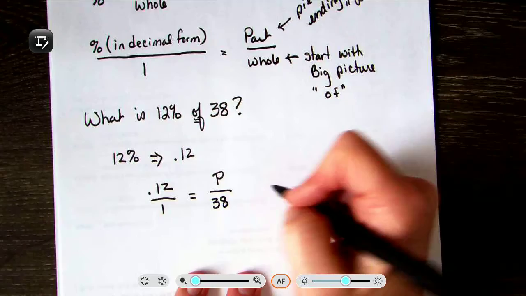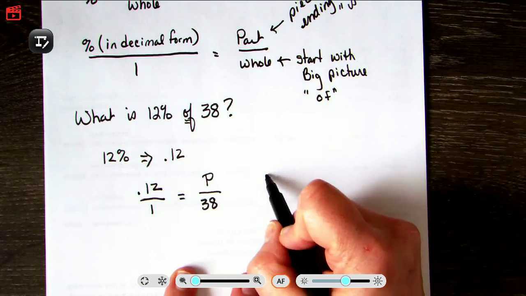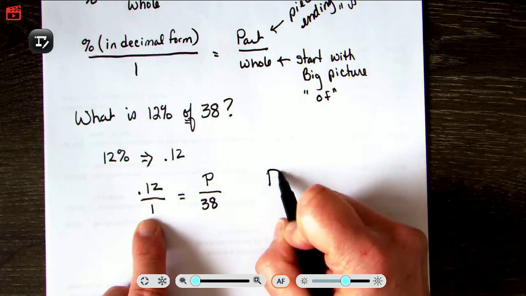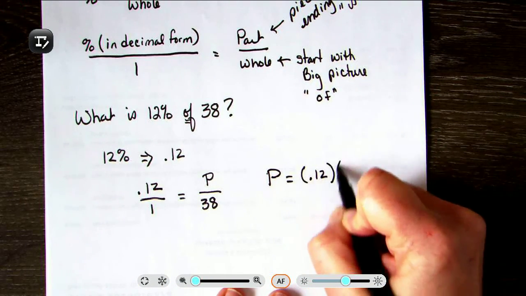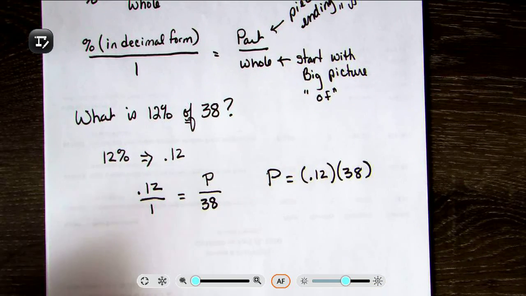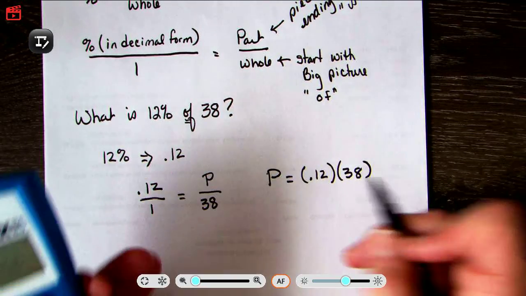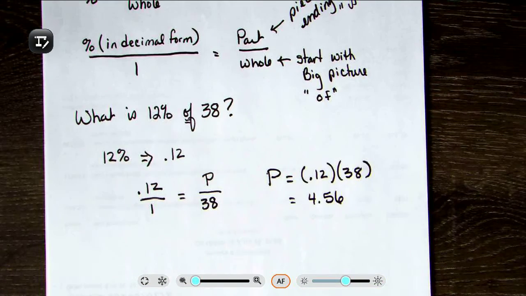Now we will cross multiply like we did with our proportions, and we will get P times 1, which is simply P. And we're going to take that 0.12 and multiply it by 38. And I'm going to use the calculator to do that to save me some time. And I get 4.56.